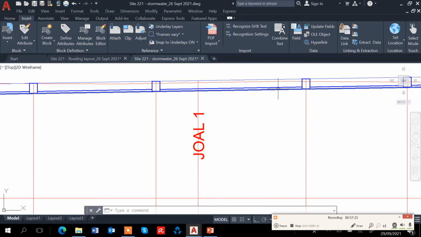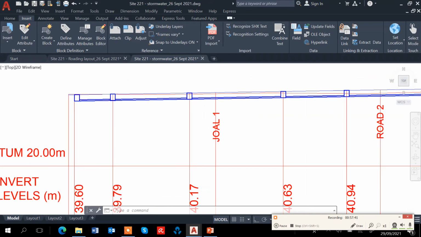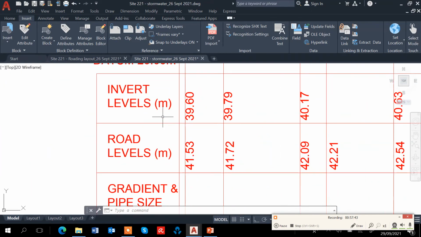So we only need the finished road level, because the platform will be level before we dig the trench for the stormwater pipe and the manhole. So I just need the top of the road level, and then the invert level.